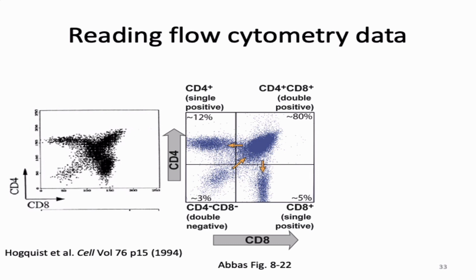If I were going to draw this same plot for you, I would draw circles to be the populations, and they would be big or small based on the percentages. And same thing, if I ask you to draw me flow cytometry plots, you get points for drawing the right axes. So always draw the axes and label the axes first. And then the different populations just have to be big or small circles.